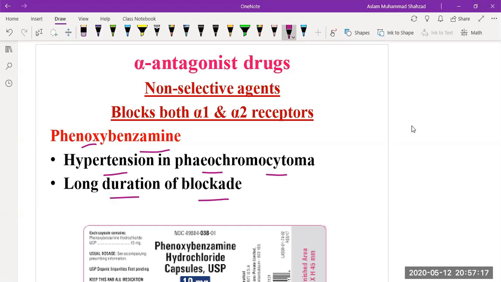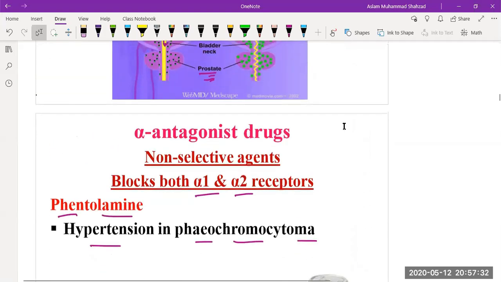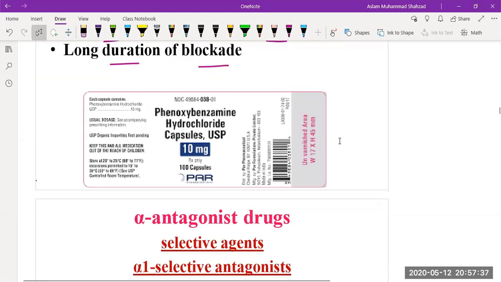So what happens? They block both alpha 1 and alpha 2 receptors, and by blocking them they decrease the release of norepinephrine, and the duration of action is long as compared to the previous drug, which is phentolamine. Then they are available in the form of capsules, and a 10 milligram capsule is available in the market.